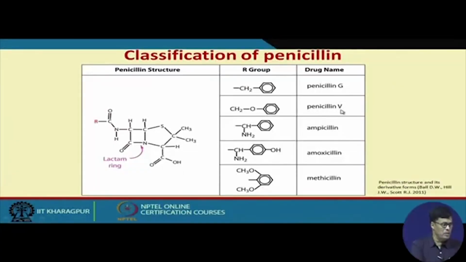If it is an injection fluid, our blood pH is almost close to neutral, so if you take penicillin G in the fluid, we don't have any problem. But if you take it as a capsule, our stomach pH is about 2, so it is quite unstable at pH 2 and the activity of the penicillin will be lost. So penicillin V is comparatively better, and it is usually taken in the form of a capsule.